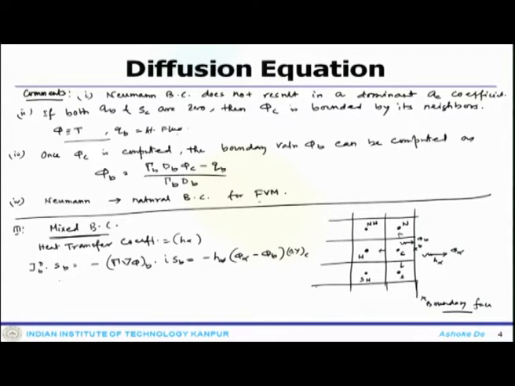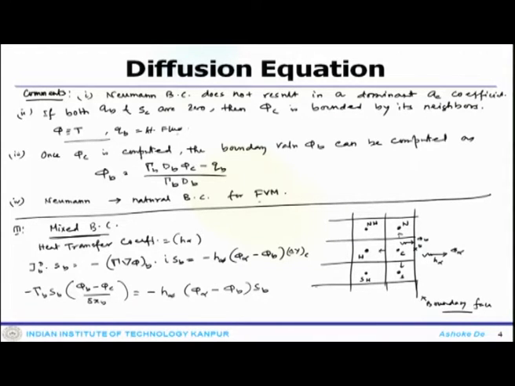So, if you rewrite this expression, one can write gamma B S B phi B minus phi C by delta x B, which is minus H infinity phi infinity minus phi B S B. So, that is what it gets you back.